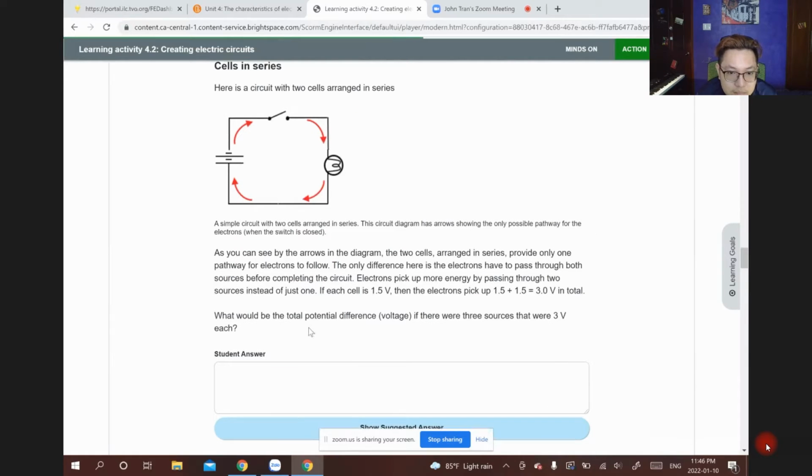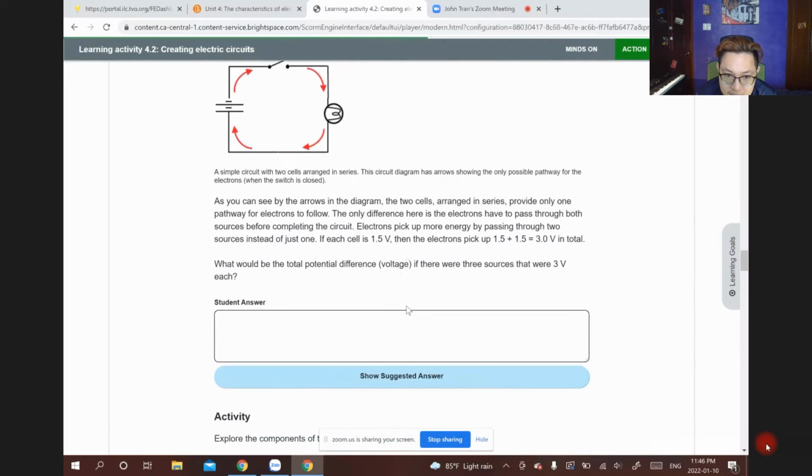What would be the potential difference in total if there were three sources, 3 volts each? What's your answer? The answer is... Three sources put together, each of them 3 volts.